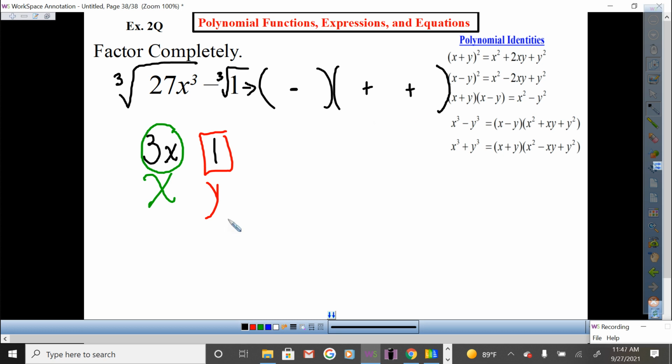Okay. So, what goes here? X, but since now it has a 3, I'm going to write 3x. And over here, the 1. So before I continue, tell your neighbor what to write here.